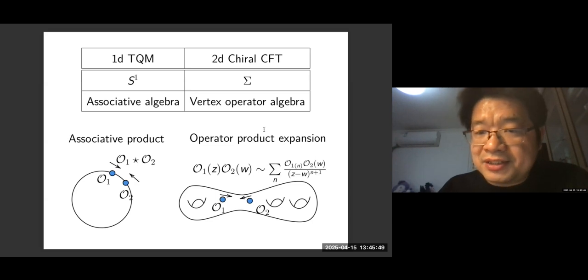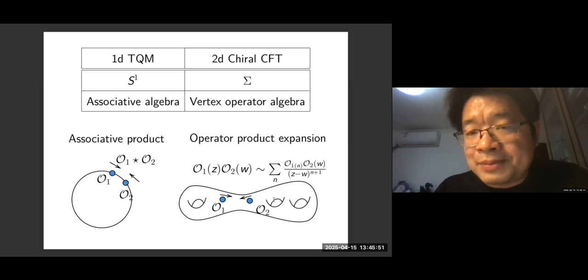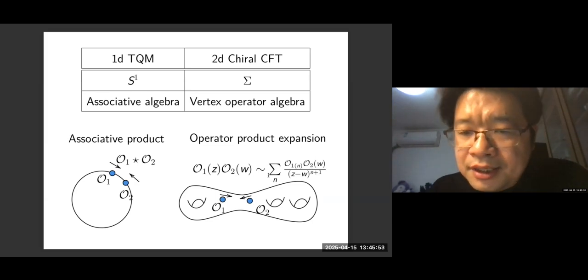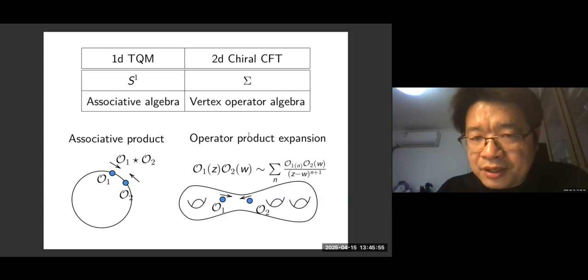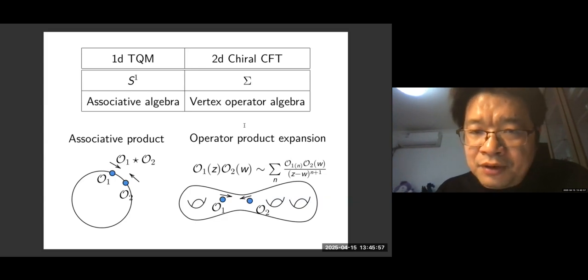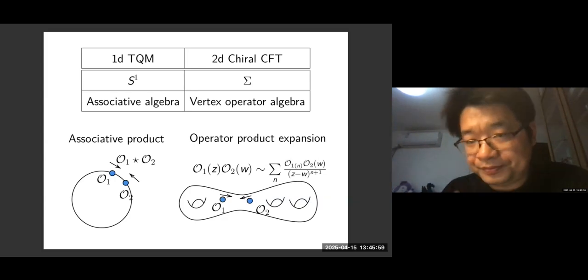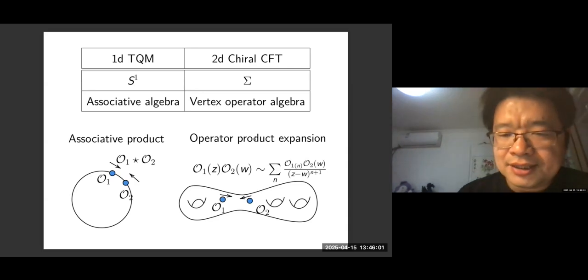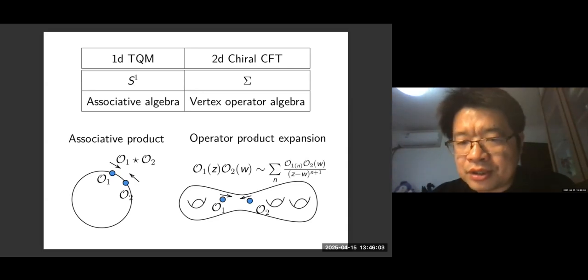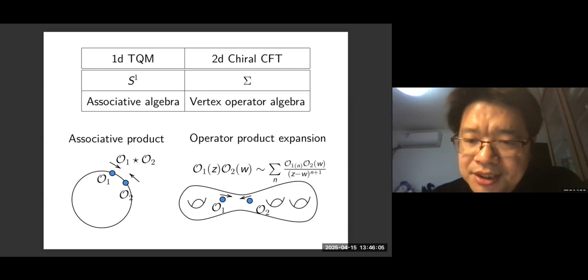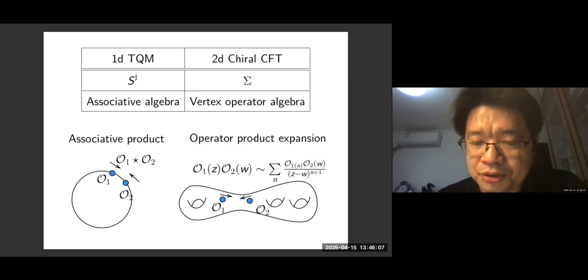And this is the so-called operator product expansion, in the case of, for example, vertex operator algebras. So that's the kind of algebraic structure we expect in this 2D theory, for example the 2D chiral theory.